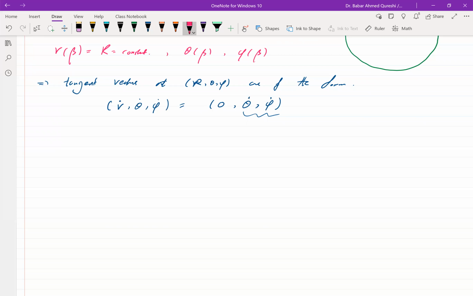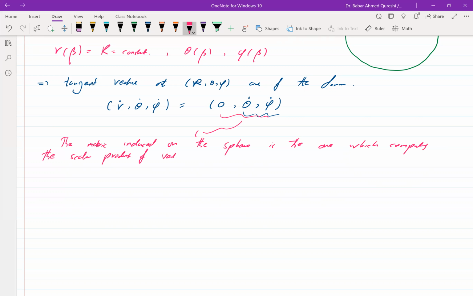So the metric induced on the surface is the one which computes the scalar product of vectors in tangent space using the same metric.